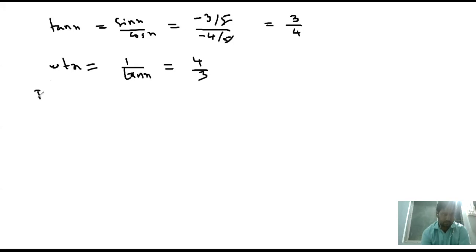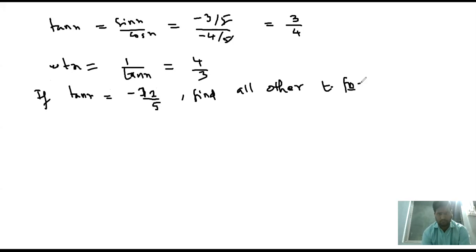If tan x is equal to minus 12 by 5, find all other trigonometric functions.